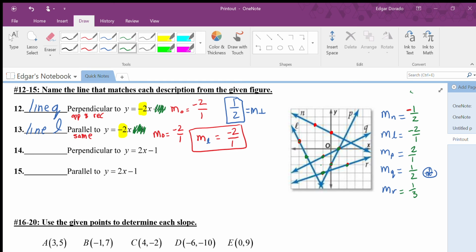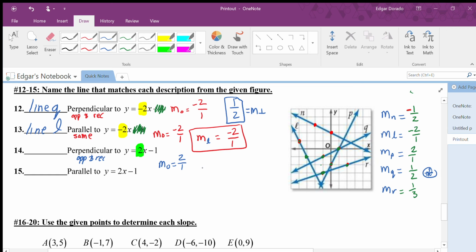Okay, so number 14 said that it was perpendicular, so opposite and reciprocal, and my original slope that I'm given is 2. In other words, original slope is 2 over 1.